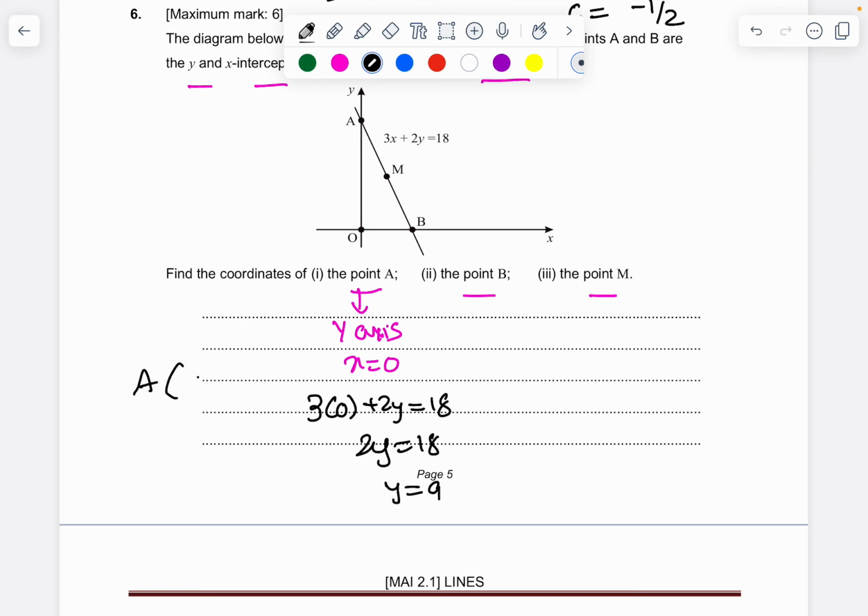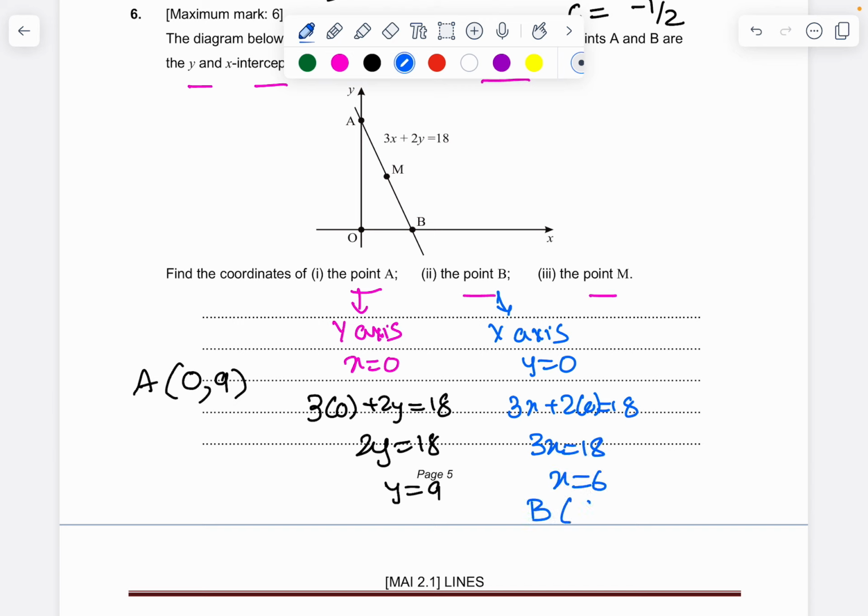So A has to be (0, 9). Now for point B, it is on the x-axis. X-axis means y equals 0. So 3 times x plus 2 times 0 equals 18. So 3x equals 18, x equals 6.